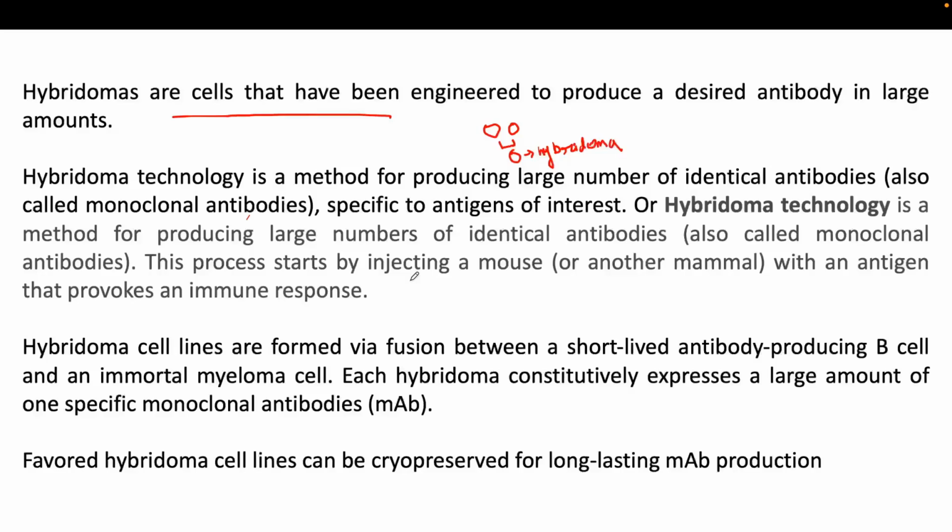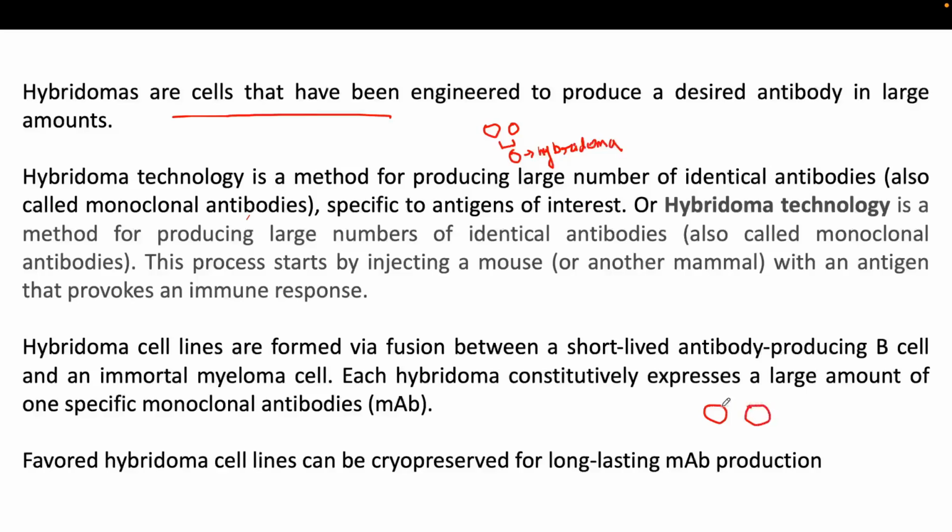Hybridoma cell lines are formed via the fusion between a short-lived antibody producing B cell and an immortal myeloma cell, and each hybridoma constitutively expresses a large amount of the specific monoclonal antibody. The principle behind this technology is that it involves two different cells.